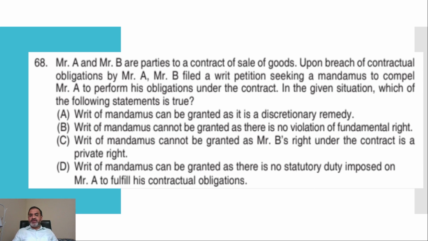Again, prior knowledge and familiarity with contract law would come in handy for you to answer this question. We all know that contract would give rise to a private right, and therefore it will not give rise to a public right or a public duty. And therefore, since this is a case of contract, clause C is the right answer.